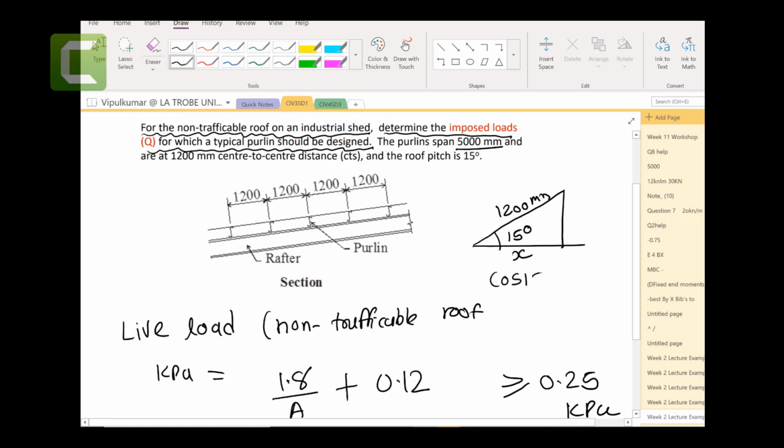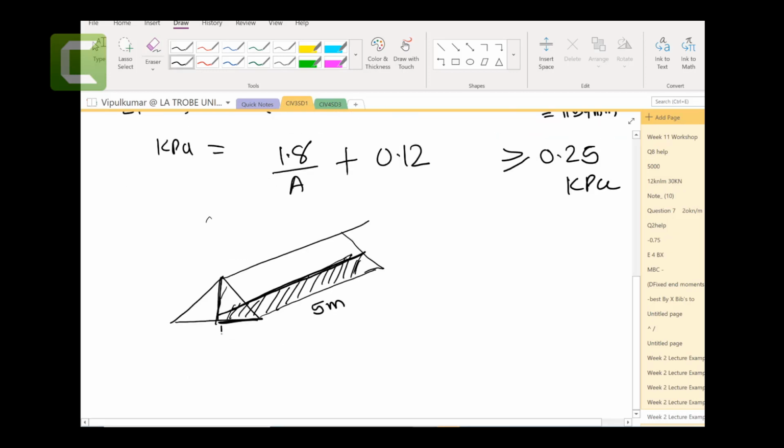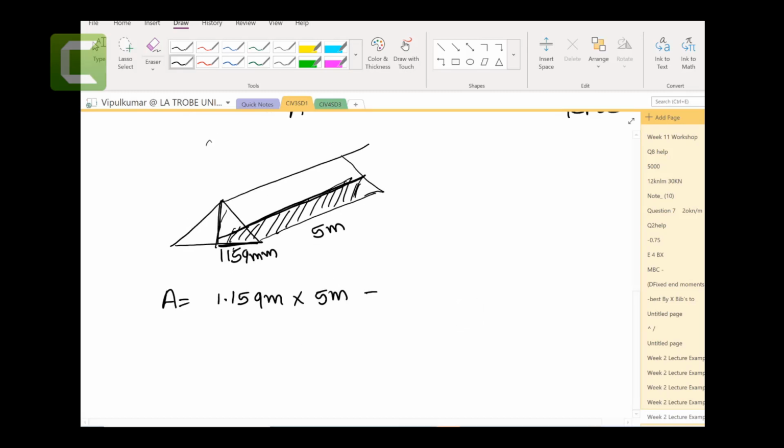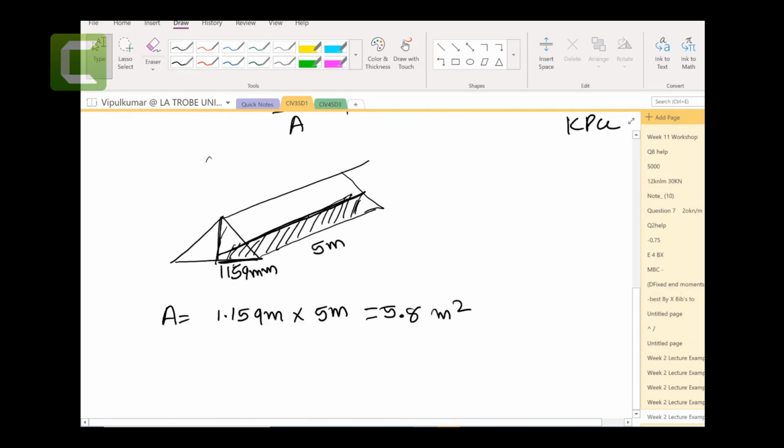So cos 15 is equal to x on 1200, so x is equal to 1200 times cos 15. This gives me 1159 millimeters. So we found 1159 millimeters and 5 meters. The area would be 1.159 meters times 5 meters. That is the plan projection area, which gives me 5.8 square meters. Now this is the hardest part, to calculate the area.